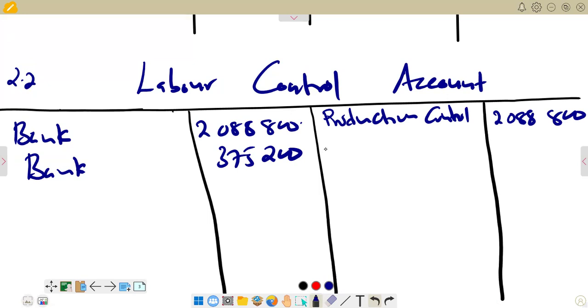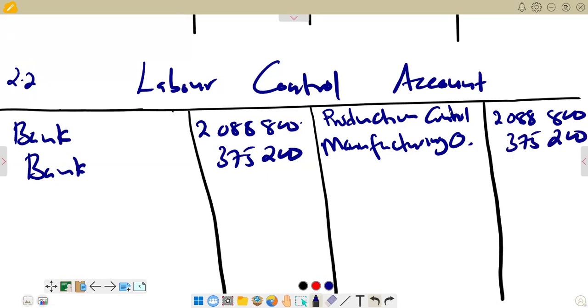This one we are transferring to manufacturing overheads since it's indirect labor. So what we are saying is we have created labor control and production control. So it means we're going to debit production control 2,088,800, and also debit manufacturing overheads with the other amount, which is 375,200.